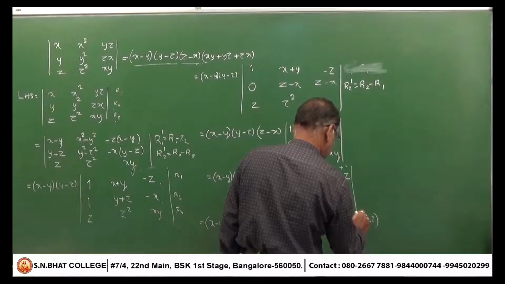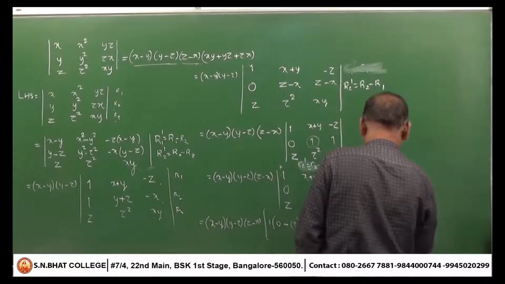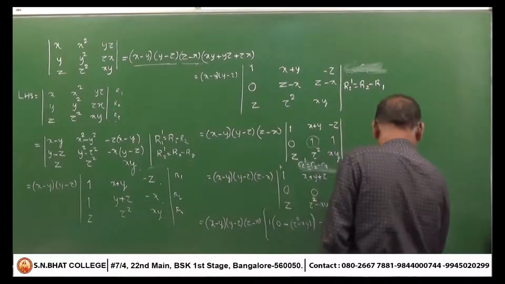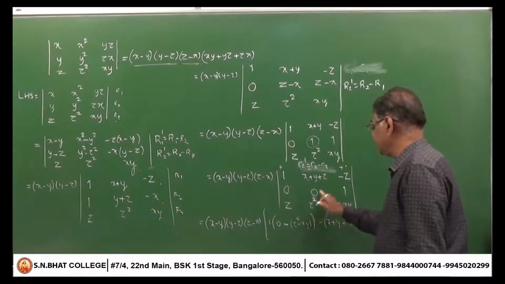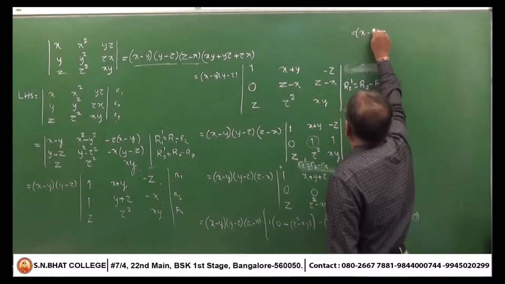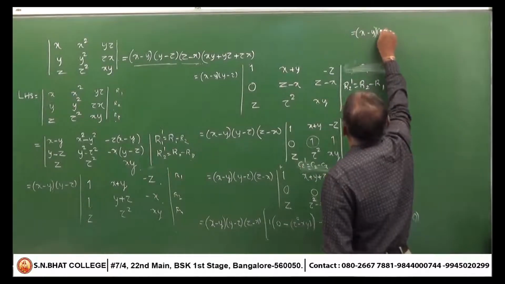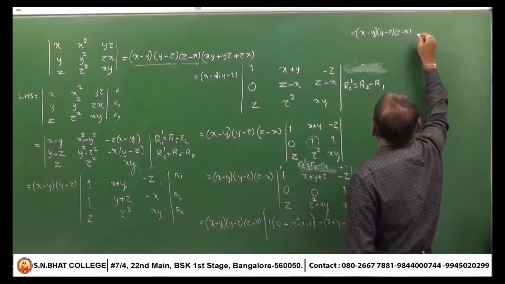Next, minus Z into 0 minus 0. Minus Z into this minus. This is X minus Y into Y minus Z into Z minus X into.